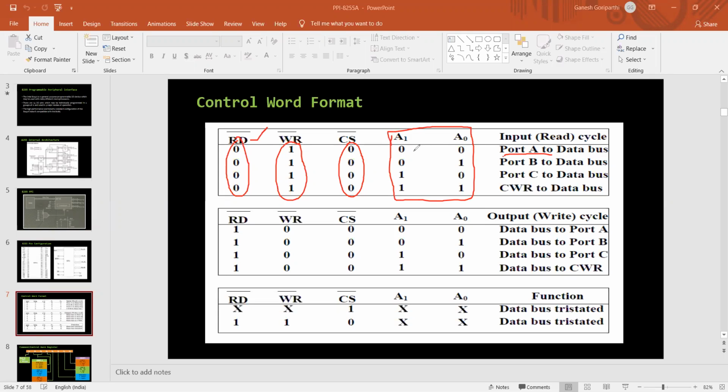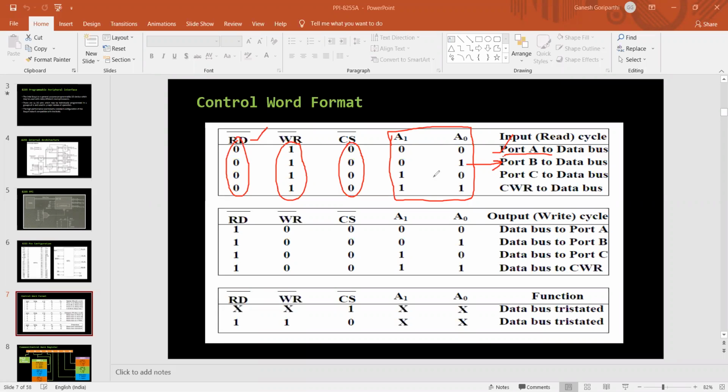In the first case, when it is 0, you will be selecting port A, and the read operation will be performed on port A. In the second case, when it is 1, the read operation is performed on port B.